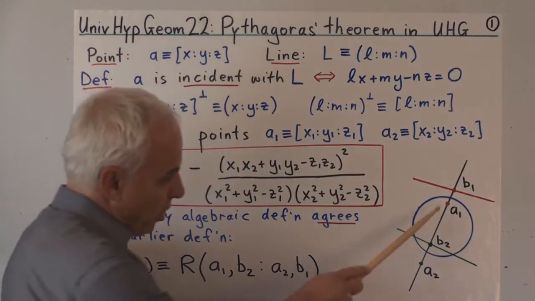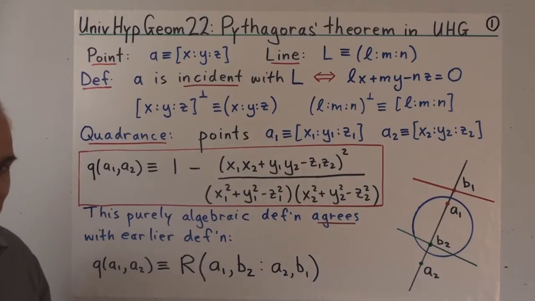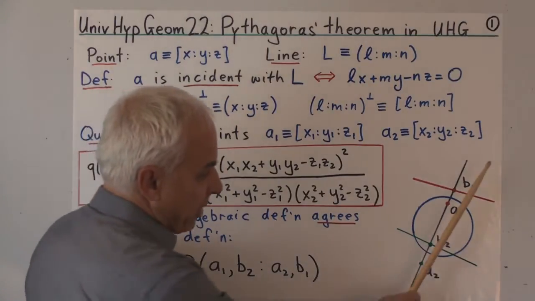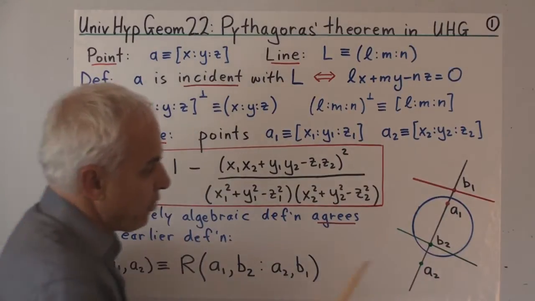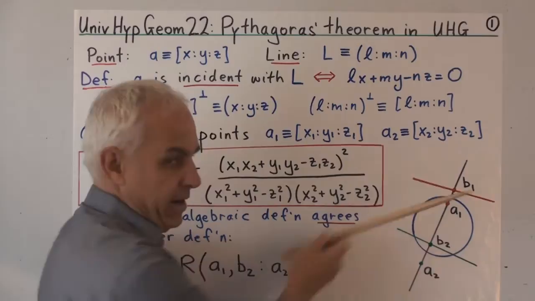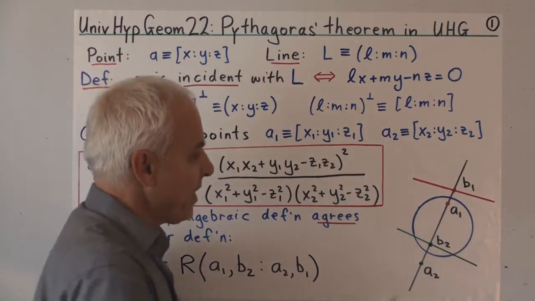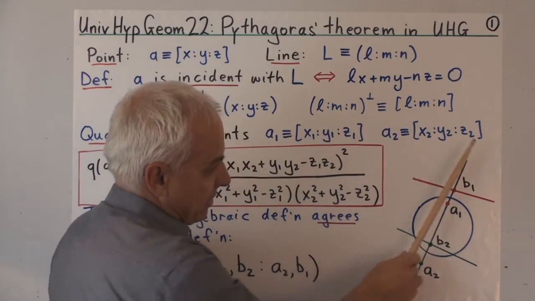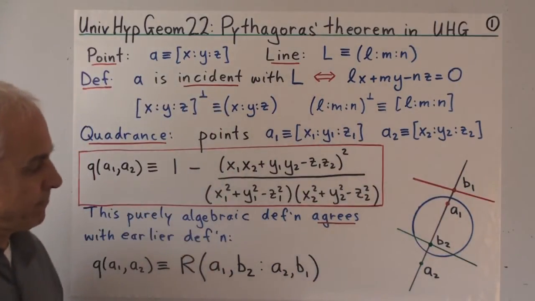So given a point A1 and another point A2, then there are 2 other points naturally associated with them that also lie on the line joining them. What are those points? Well, you take the point A1 and you look at its dual line, the polar according to Apollonius, and that line meets this line through A1, A2 in some point B1.